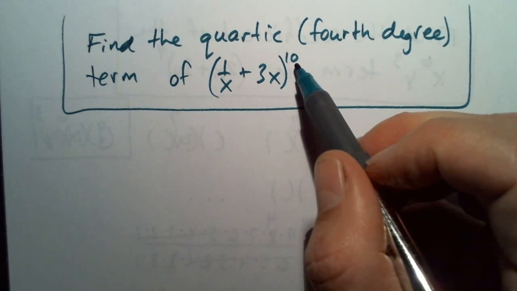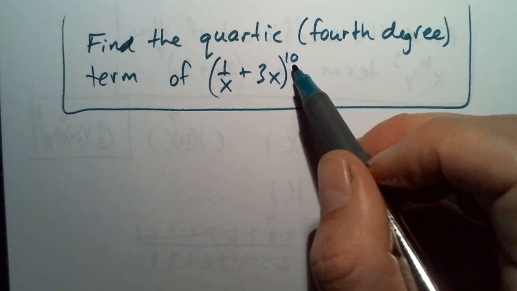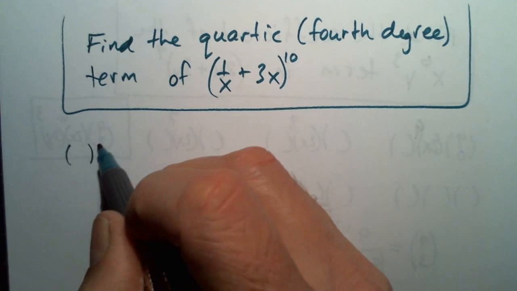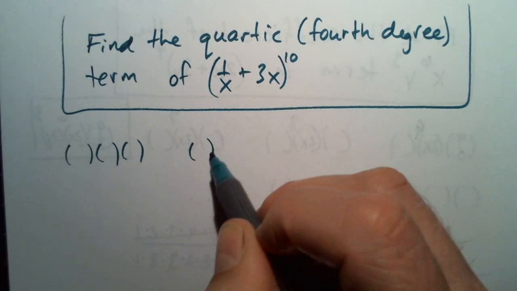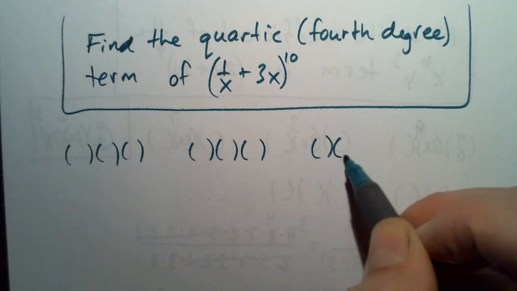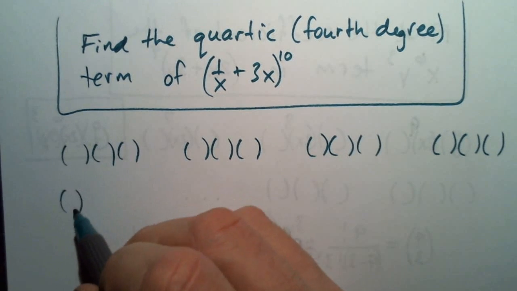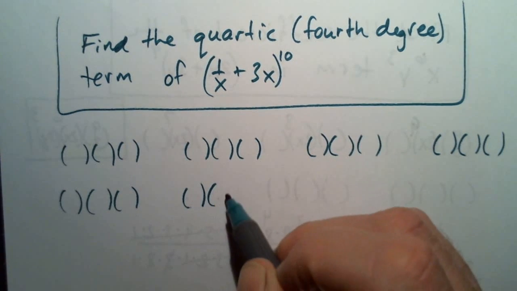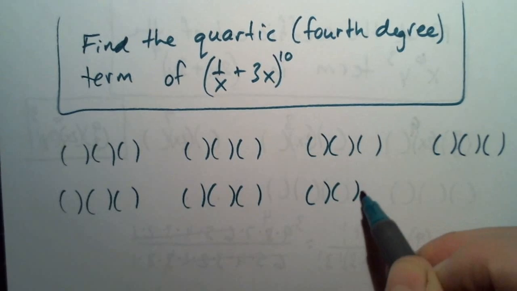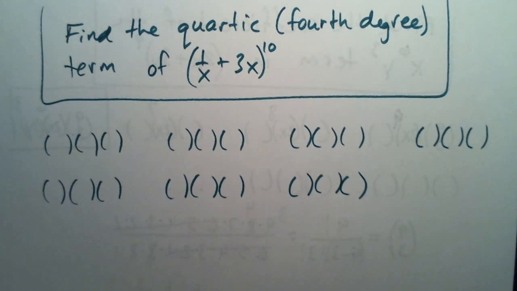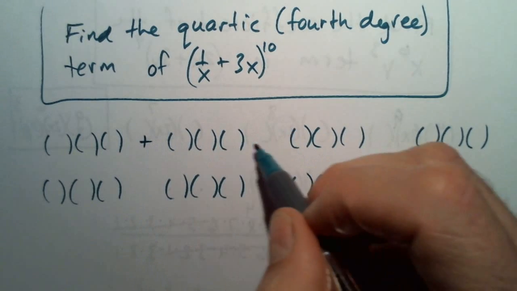It's 10th degree, so we know we would have 11 terms. Hopefully we don't have to do too many of these. Let's just start with a few and see if we reach our goal.